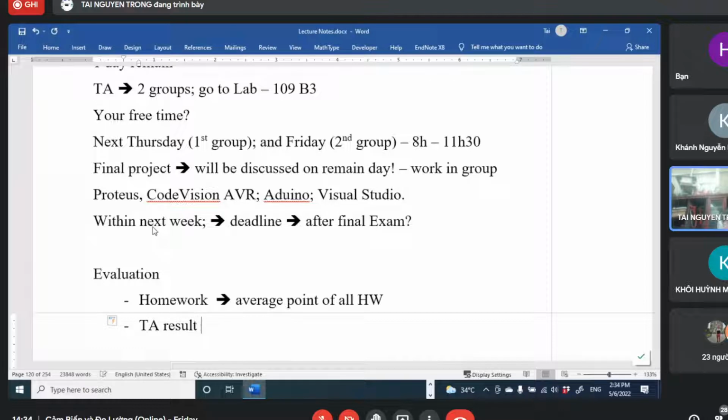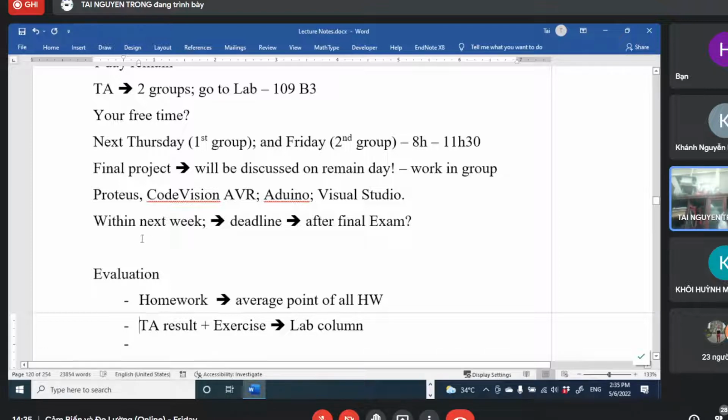And some exercise in TI. Next week will be for the lab.